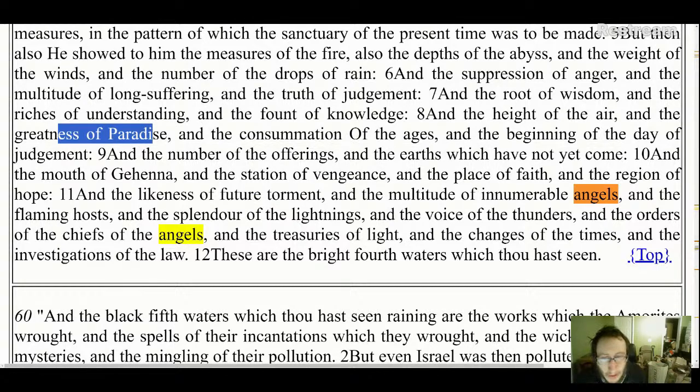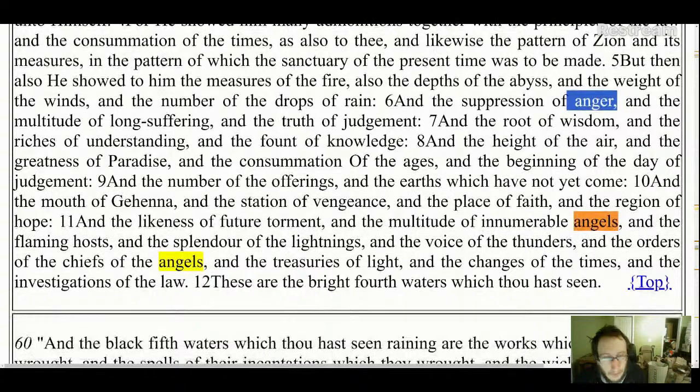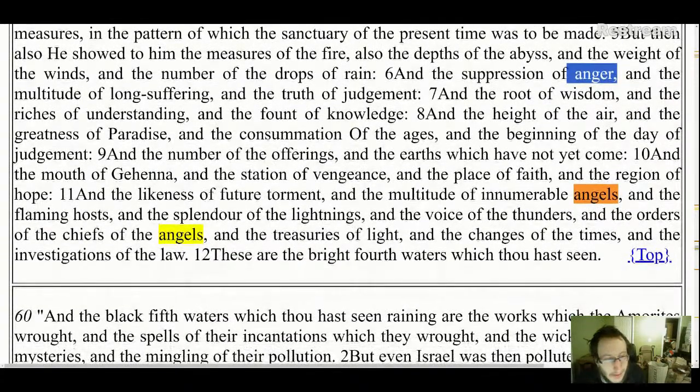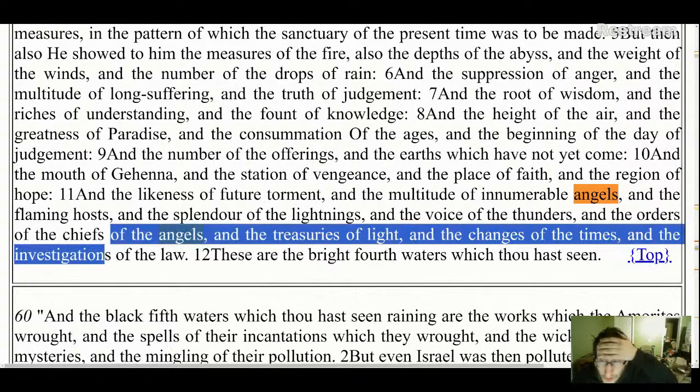He sees things about anger. He sees the heavens. He sees, and it says, the orders of the chiefs of the angels.